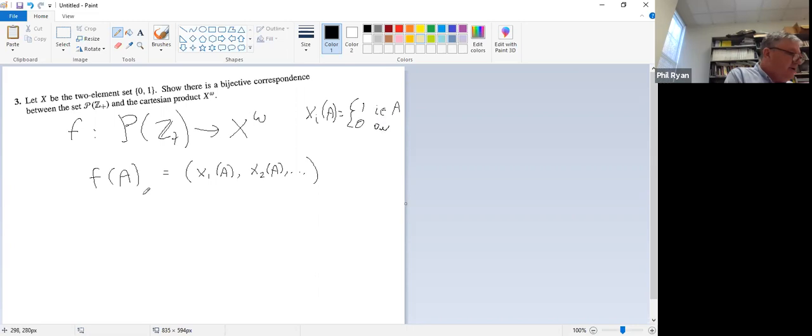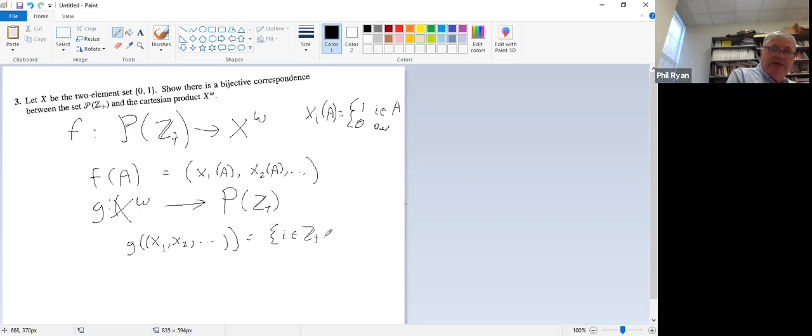Okay, and correspondingly we can define G from X^omega to the power set of Z plus by G acting on an element from that product set to be the set of indices such that xi equals 1.